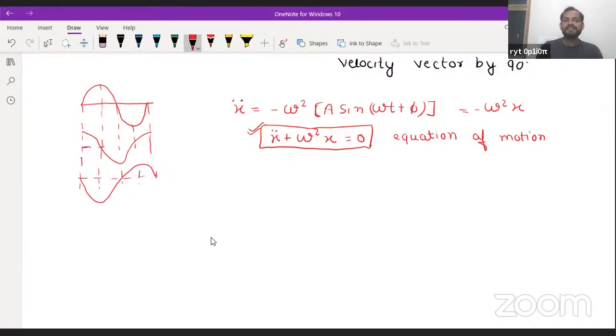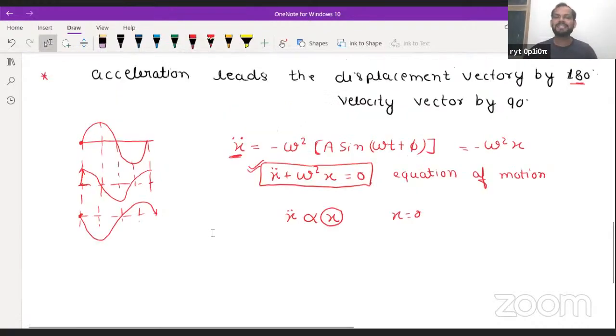Now please understand this. What does it represent? It represents the mean position, when the body is at the mean position. In this condition, the body has the maximum velocity and zero acceleration. As you can see, acceleration is directly proportional to the displacement. If the displacement is maximum, the acceleration will be maximum, and when the displacement is zero, the acceleration will be zero.